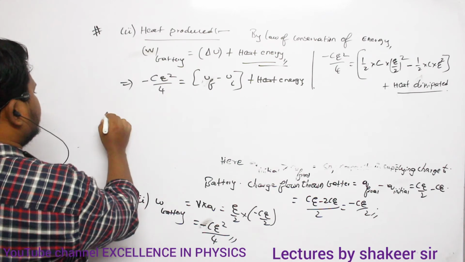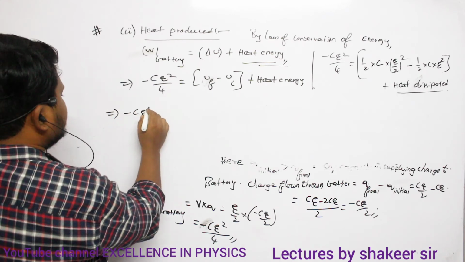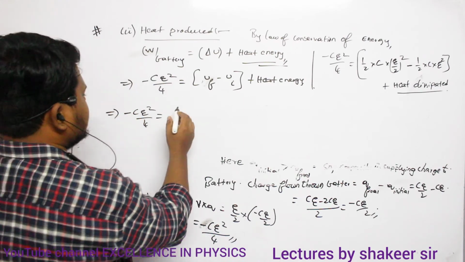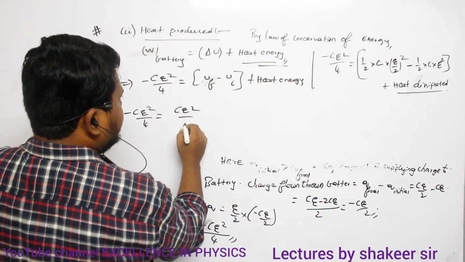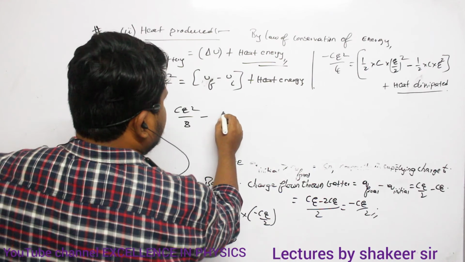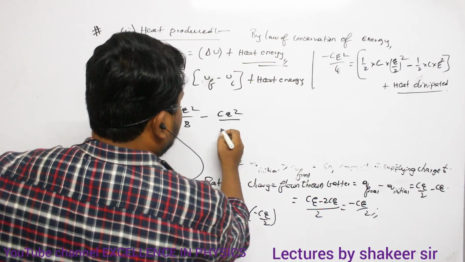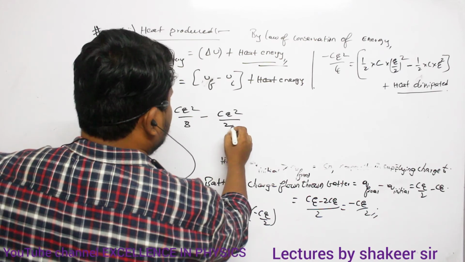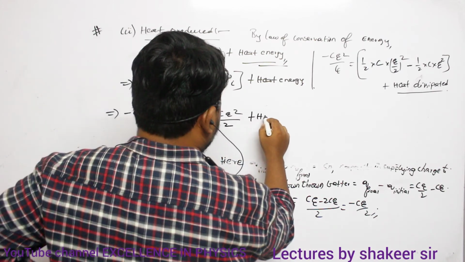Now just calculate. So minus CE square divided by 4 is equal to how much? CE square divided by 8 minus CE square divided by 2, plus heat dissipated.